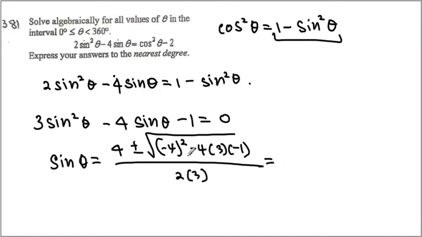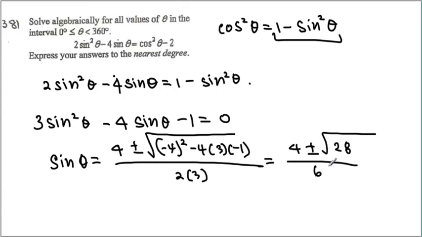Now, once you simplify this, we end up having 4 plus or minus the square root of 16 plus 12. So when you combine them together, we get 28, over 6.